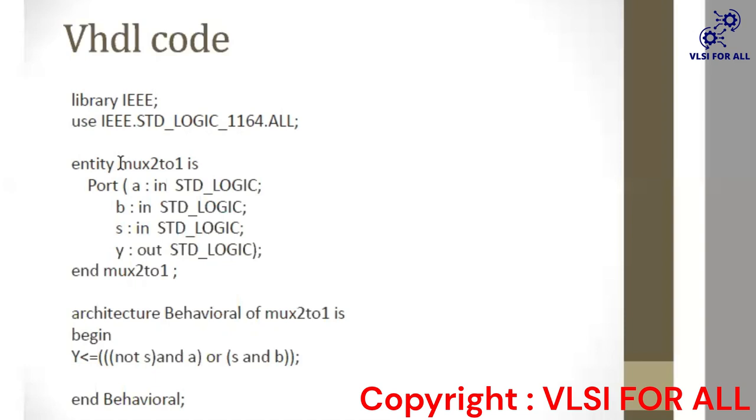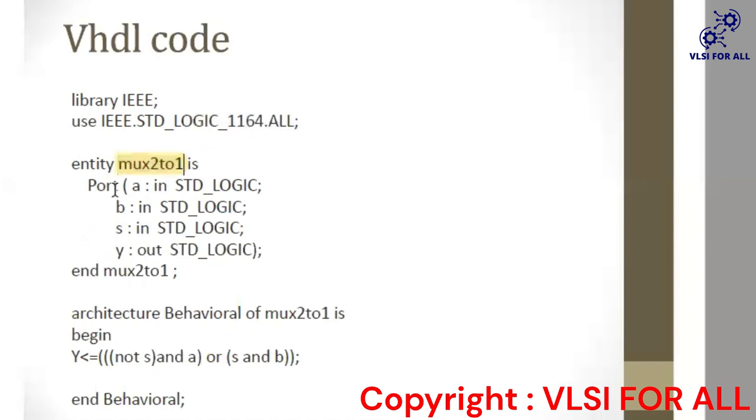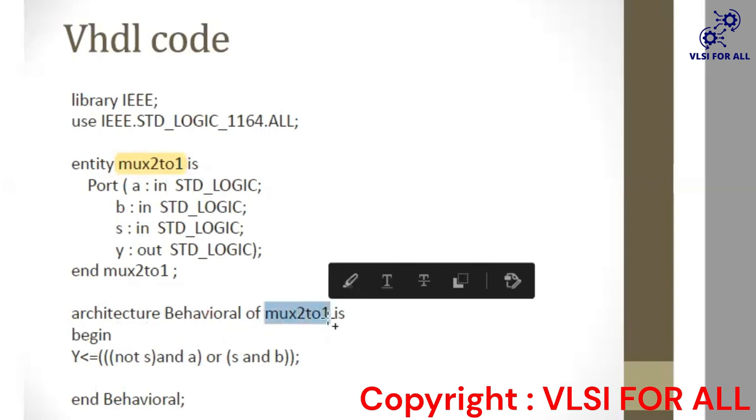We named our entity mux221. Inside the entity we will declare our ports. A, B, and S are input ports, and Y is an output port. After that we end the entity, and after the entity we start with the architecture: architecture behavioral of mux221, the name of our architecture.